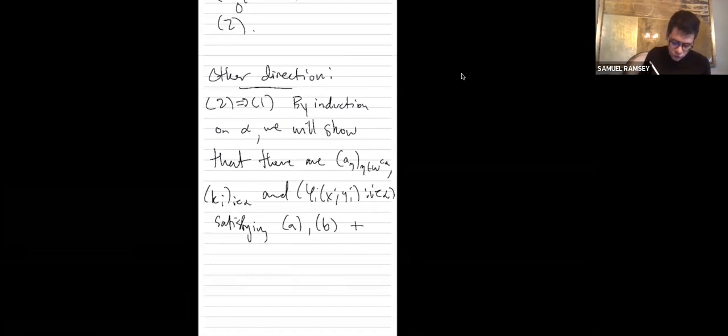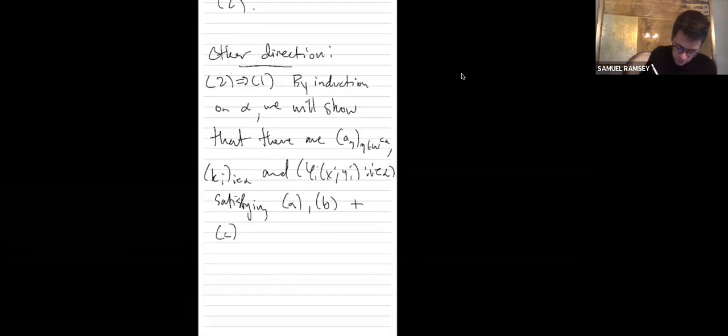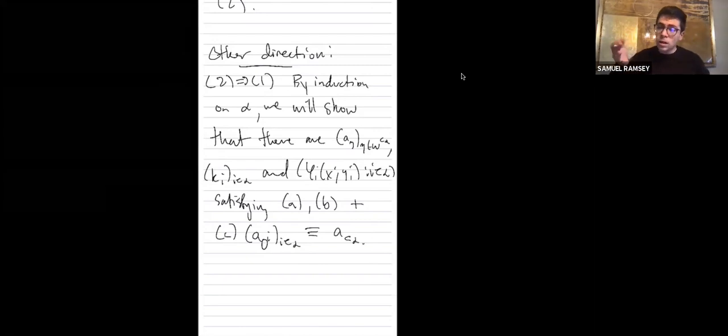So C will be the condition that if we look at the all zeros path, 0^i, i less than alpha, that has the same type over the sequence we're given. Recall, when I say we're assuming 2, I mean we're assuming we're given a sequence of tuples and formulas.